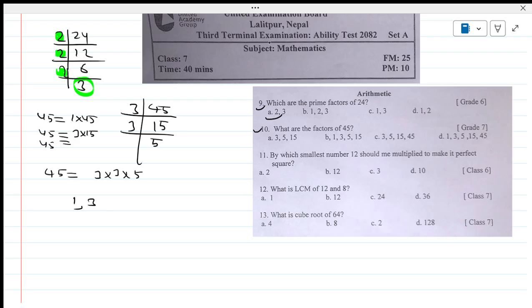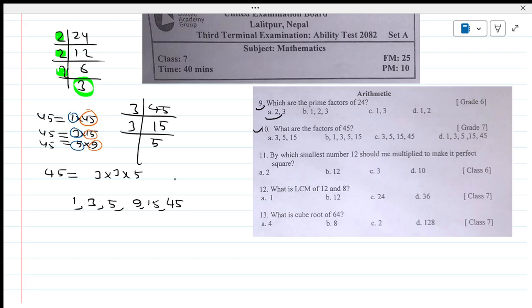And 45 is 5 into 9, another factor is 5. And after that, let's check it back. So the first 3 factors are 1, 3 and 5, and then other factors are 9, 15 and 45 itself.